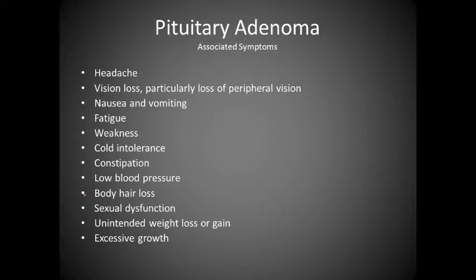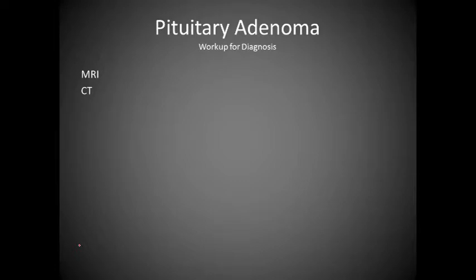The symptoms of pituitary adenomas are headache, vision loss, particularly loss of peripheral vision, nausea, vomiting, fatigue, weakness, cold intolerance, constipation, low blood pressure, body hair loss, sexual dysfunction, unintended weight loss or gain, and excessive growth. Typically, what we focus on with pituitary adenomas is the excessive growth, which can result in gigantism and things like that.